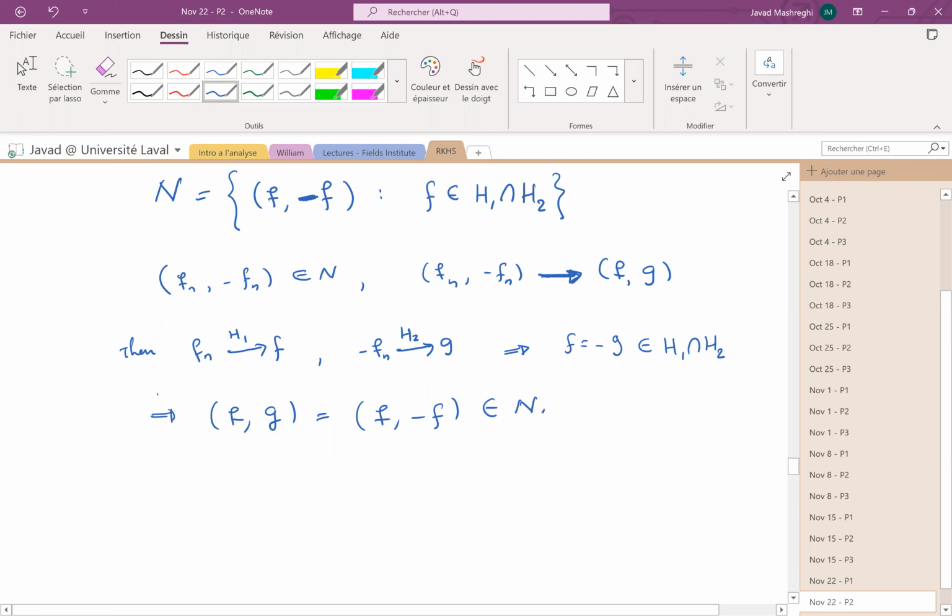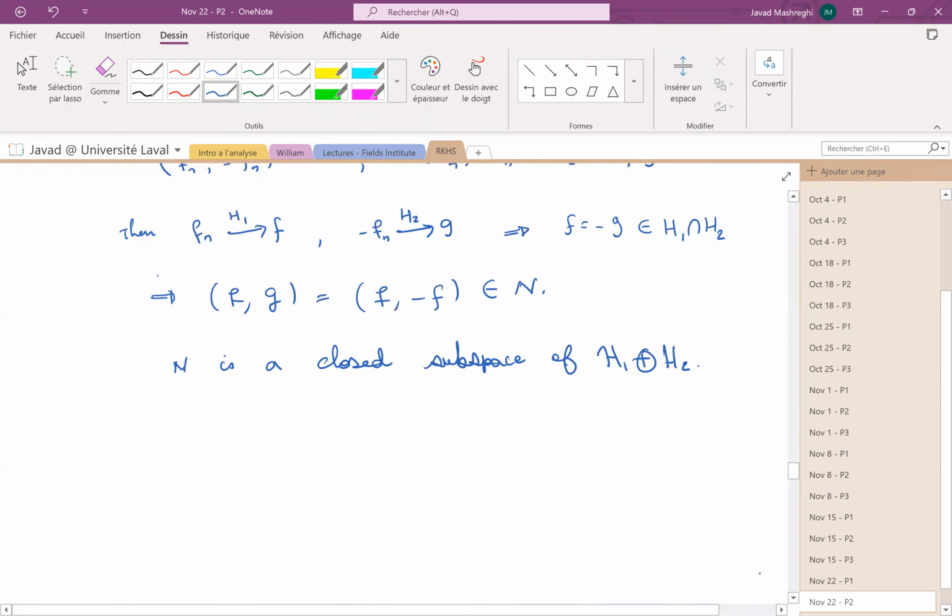So N is a closed subspace of H1 plus H2. Therefore, I can decompose it as N plus, this is an orthogonal decomposition, N perp.